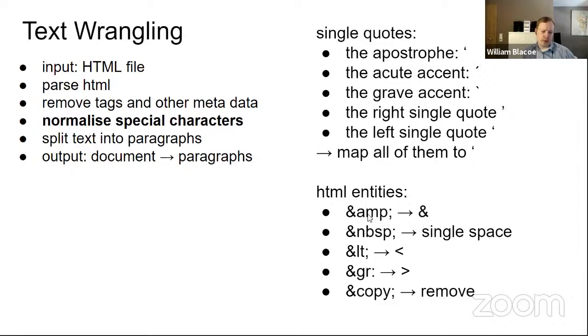And then there are some other HTML codes that are commonly used to distinguish tags from pure text, because that's also useful information. But then you have, as an output, one document per HTML file containing several paragraphs.